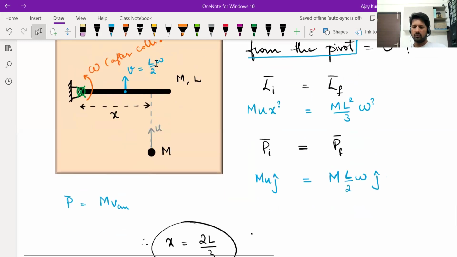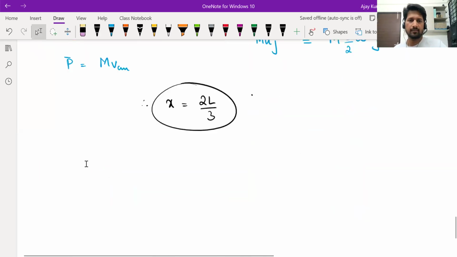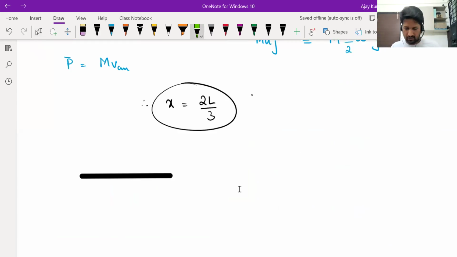Let's understand what this suggests. If you hit a uniformly distributed rod perpendicularly at a distance of 2/3 of the length from one end, the rod doesn't simply translate. You are not hitting at the center, you are hitting it away from the center, so it definitely rotates.